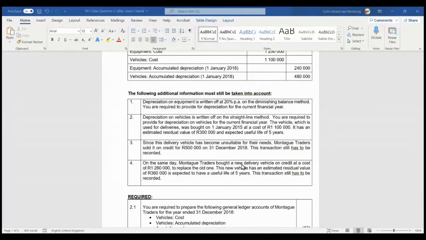As we have this vehicle throughout the whole year, how are we going to calculate the depreciation expense for this particular year? What are we going to do with that 800,000 rand? What are we going to do now to calculate our depreciation?